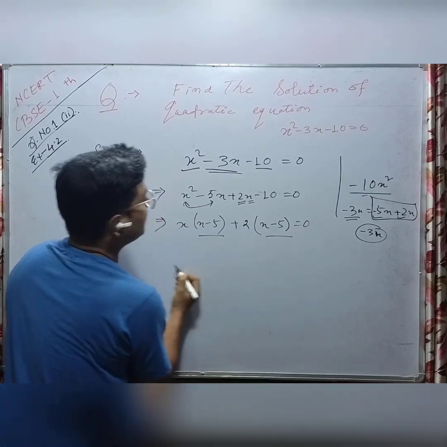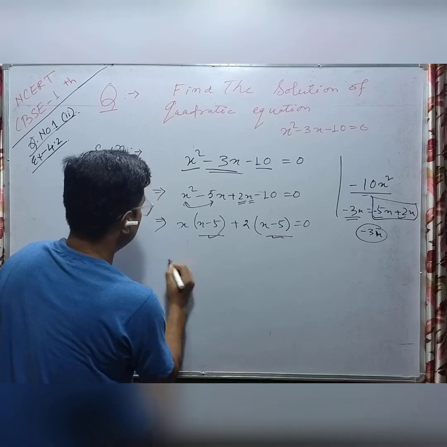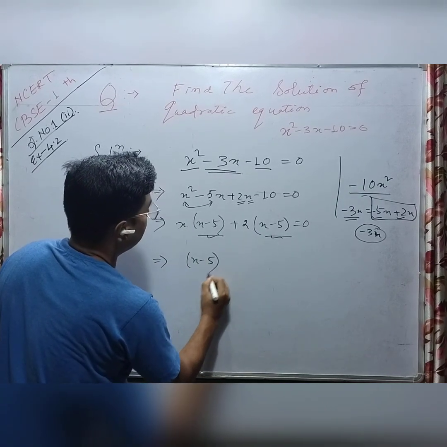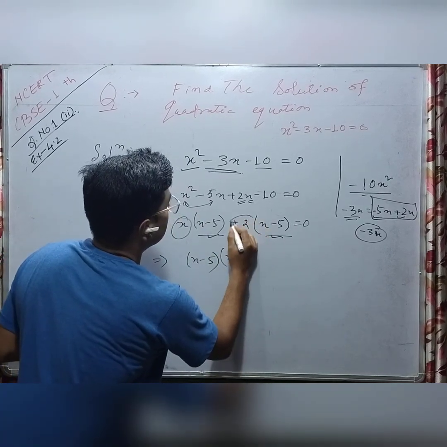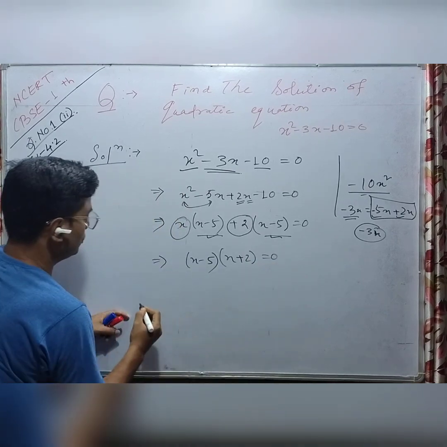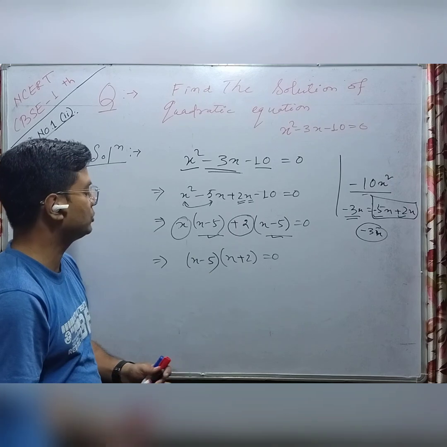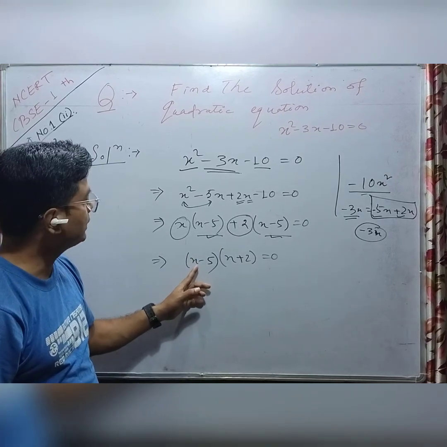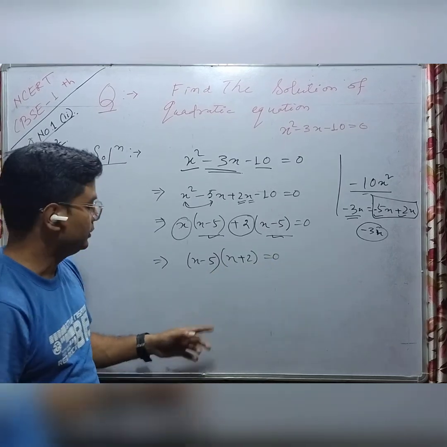Again, you have to take x minus 5 common from these two terms, x plus 2 remains, is equal to 0. The solution of this quadratic equation will be the value of x for which the multiplication of x minus 5 and x plus 2 is equal to 0, right?